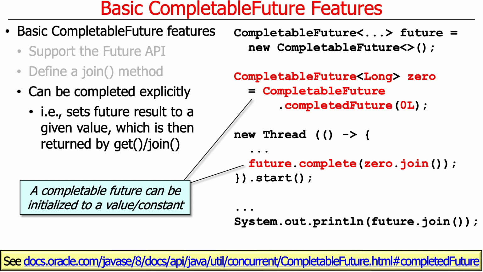Another thing you can do, which is important when you do your next programming assignment, assignment 4, is initialize a completable future to a completed value. In this particular case, we're creating a field called zero, which stores a completed future with the value 0. Then if you want to use that down here for whatever reason, typically for something like error reporting or the default case of something, you could say future zero.join.